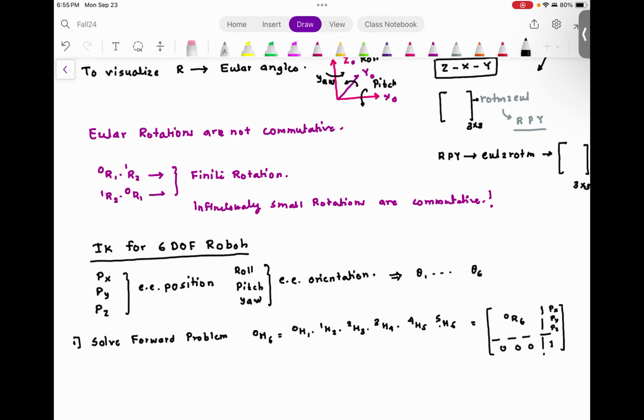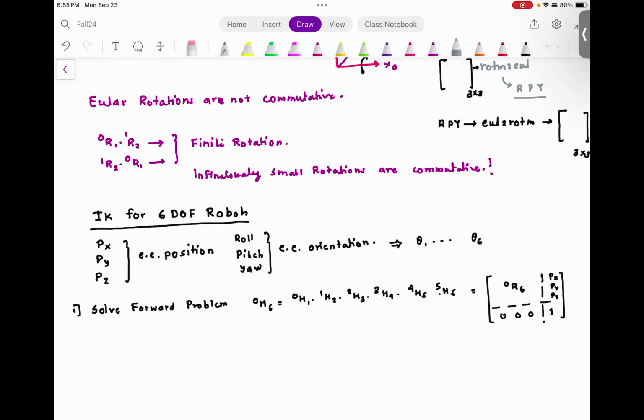The only way you can find a meaningful closed form solution is to separate this problem into a manipulator problem and a spherical wrist. What it means is you would separate out the 6 degree of freedom robot, theta 1, theta 2, theta 3 as a manipulator problem, and theta 4, theta 5 and theta 6 as the wrist problem.